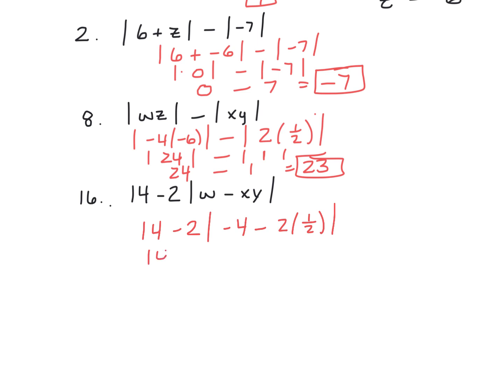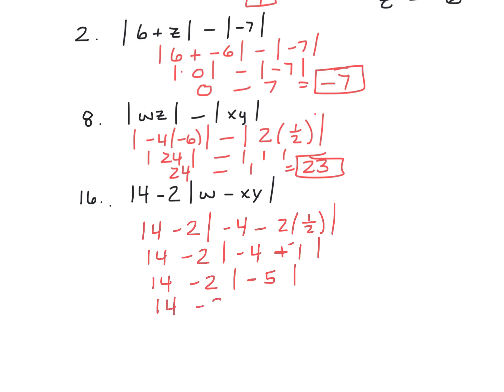So I'm going to have 14 minus 2 times. Inside the parentheses, I would do the multiplication first. 2 times 1/2 is 1. And then I could do, again, inside the parentheses, -4 minus 1, adding the opposite. Same signs as negative, that'd be a -5.